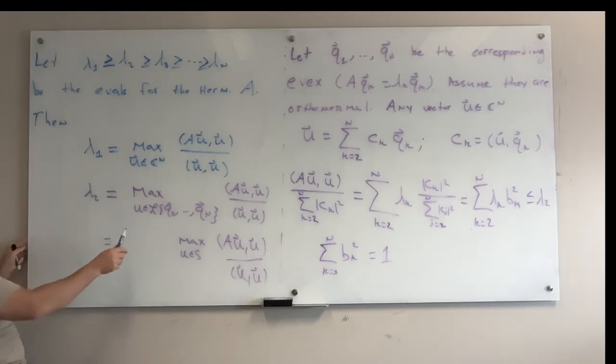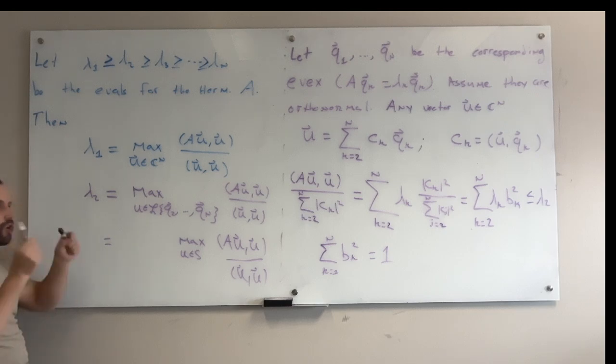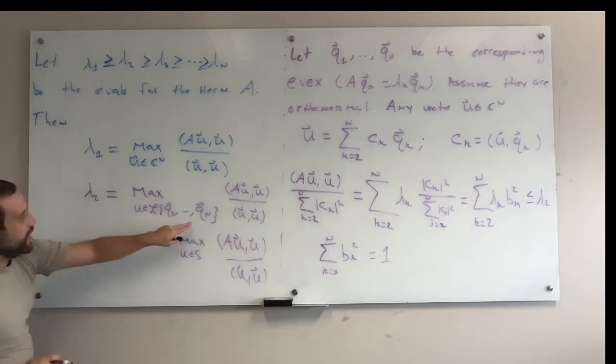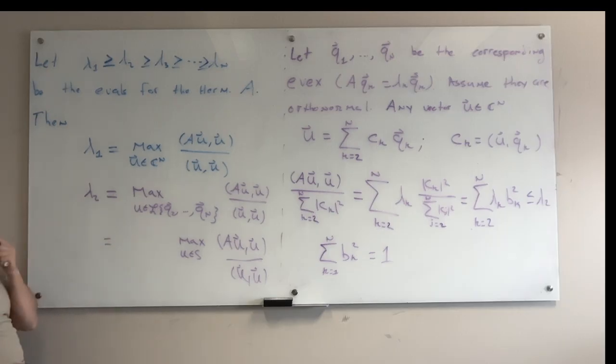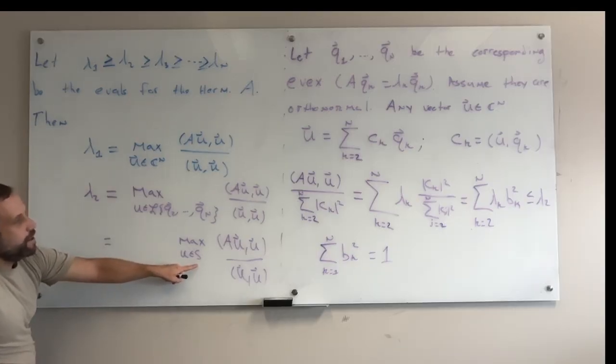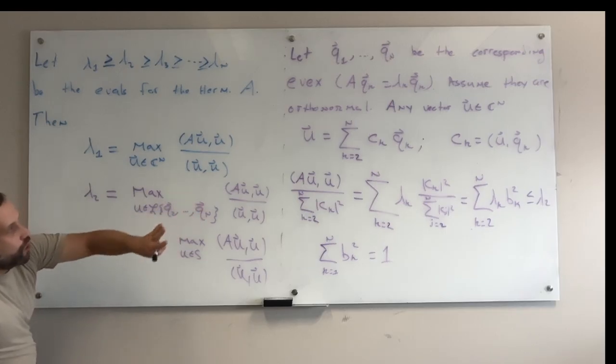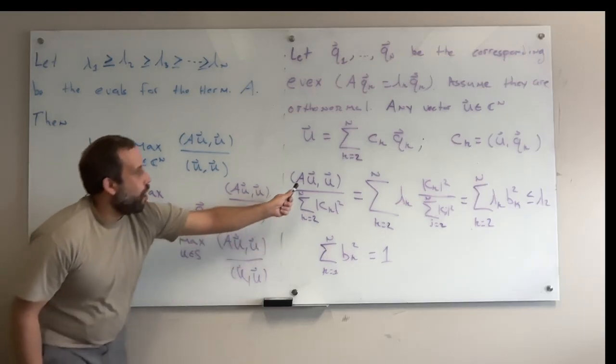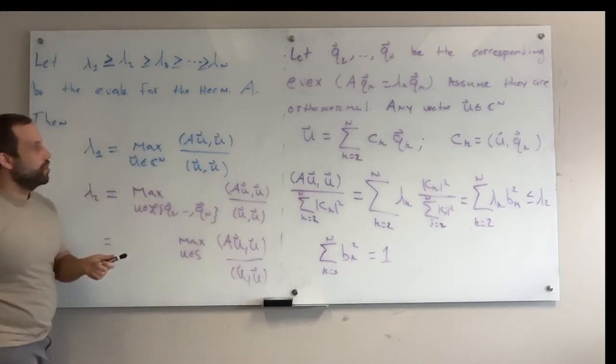This subspace here is an n-1 dimensional subspace. If you look over all n-1 dimensional subspaces, the way that argument is going to work over there is only if all of the u's we're looking at are orthogonal to Q1.